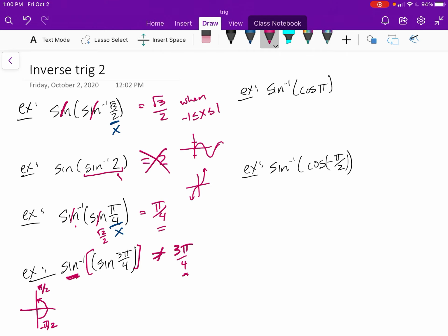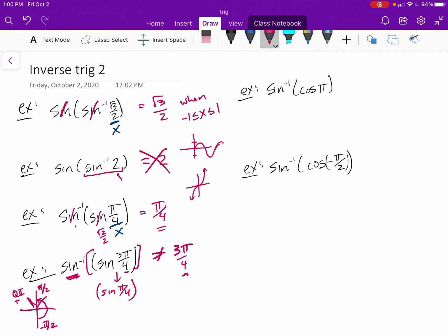because sine of 3 pi over 4 is in quadrant 2, and sine is positive in quadrant 2, I know that is equivalent to saying sine of pi over 4. So sine of pi over 4 has the same ratio as sine of 3 pi over 4.